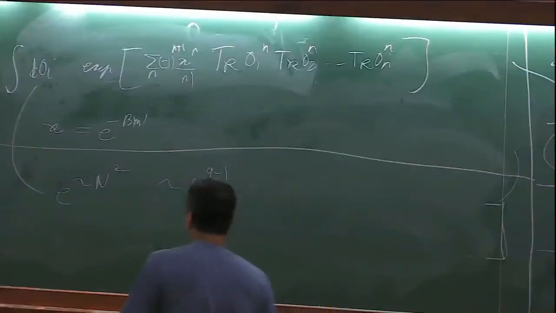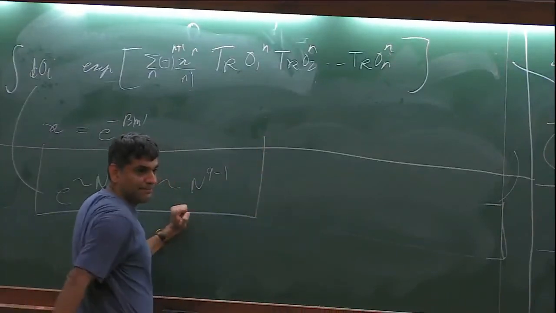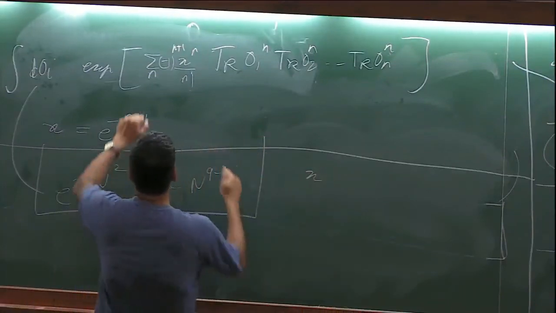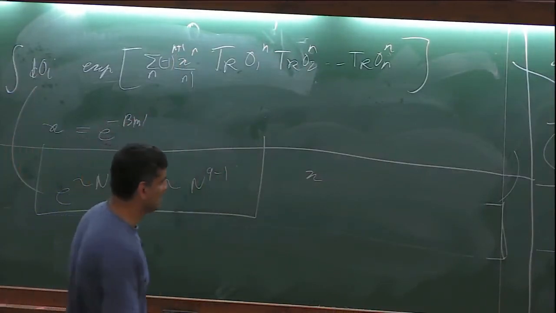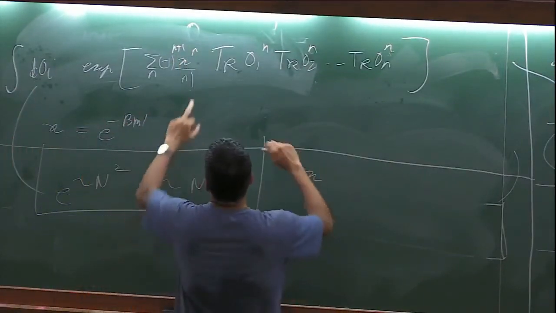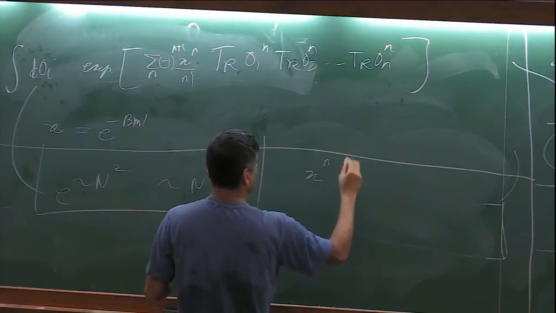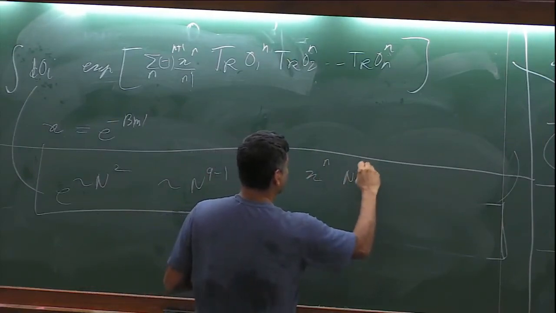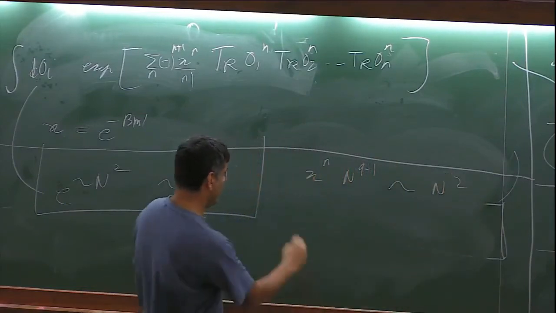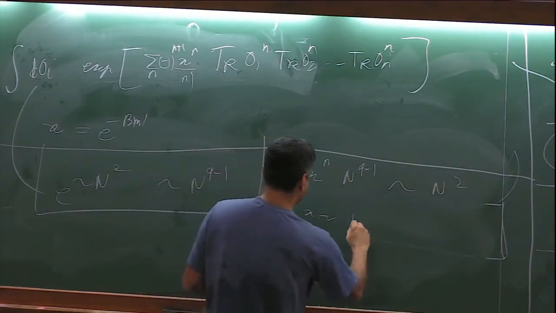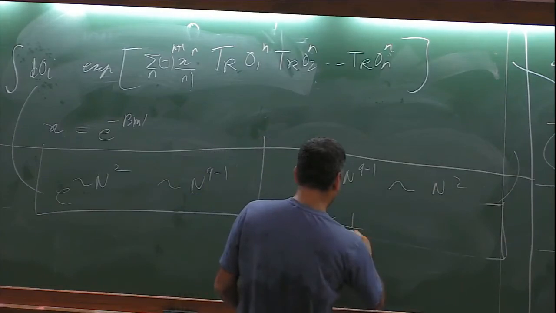However, there is another interesting scaling limit that one can take. And the interesting scaling limit is to take the limit so that this and this become comparable. So we want x to the power n, N to the power q minus 1 become like N squared. And a way of doing this is to scale x like 1 over N to the power q minus 1.